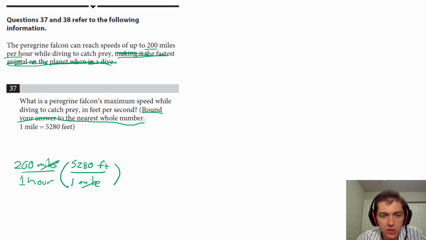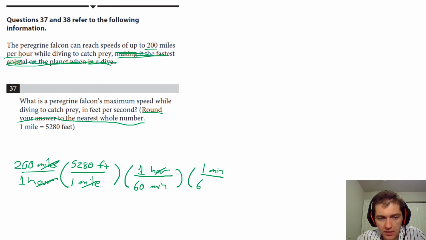Now get yourself to seconds. You know that 1 hour goes to 60 minutes, and cross out your hours, and you know that 1 minute is equal to 60 seconds.